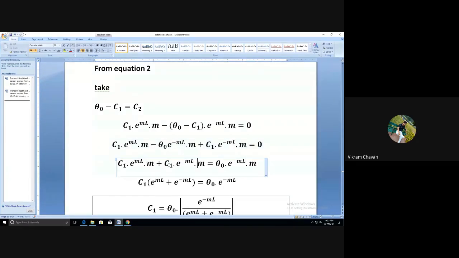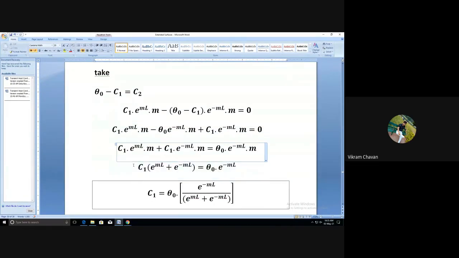And if you take the common C1 from the left hand side, we'll get the equation as C1 into bracket e raised to mL plus e raised to minus mL, which is equal to theta naught multiplied by e raised to minus mL. Getting everyone?